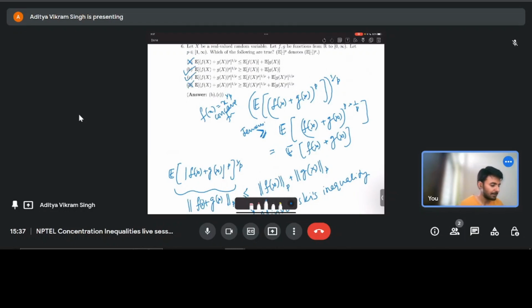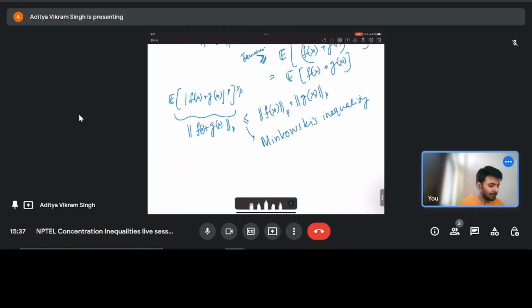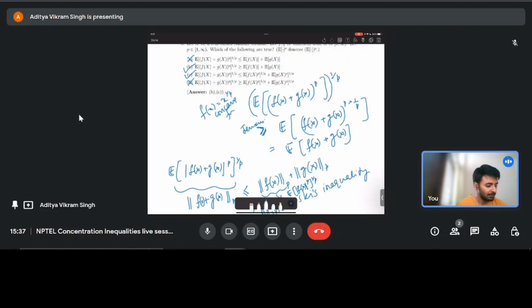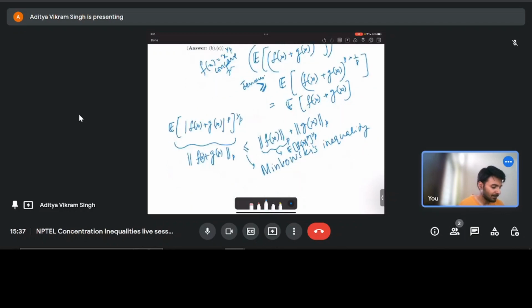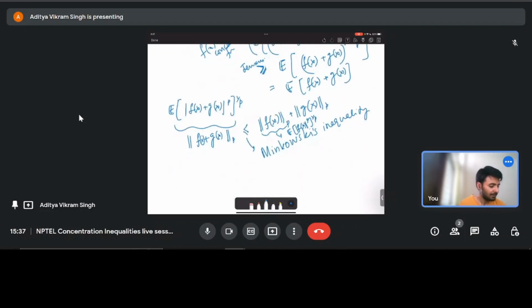D is incorrect. We know that the pth norm of f(x) would just be the expected value of mod f(x) to the power p, to the 1 by p, but since f is positive, this mod is the same as the normal f(x) without the mod, and similarly with g(x). So this is again the triangle inequality.